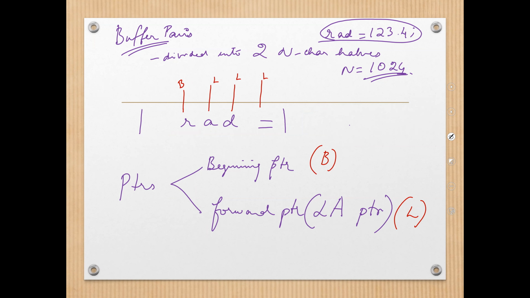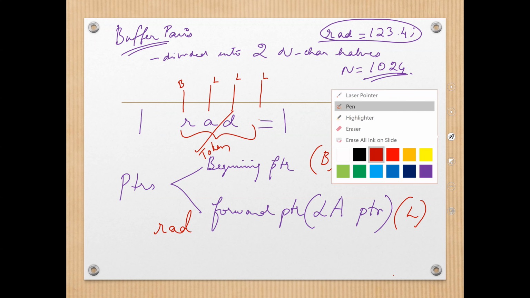By the time L reaches the equal to, it means that everything between the beginning and the L is a token. So the first token I have recognized is radius. One token is now recognized.